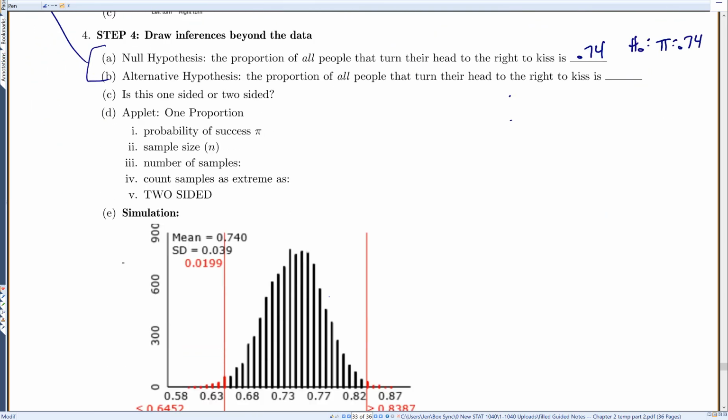So the alternative is the proportion of all people that turn their head to the right to kiss is, we're going to say, not or maybe different than 0.74. So my alternative hypothesis would be that pi is not equal to 0.74 because he didn't tell us which way he was suspicious in. So this would be a two-sided test.